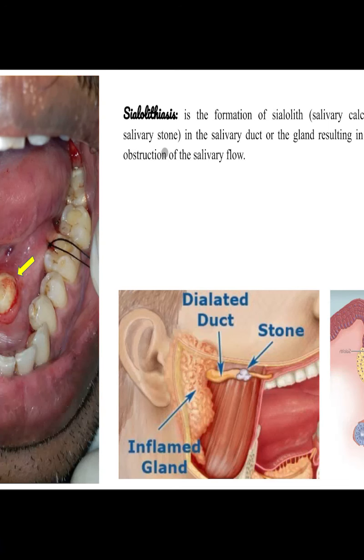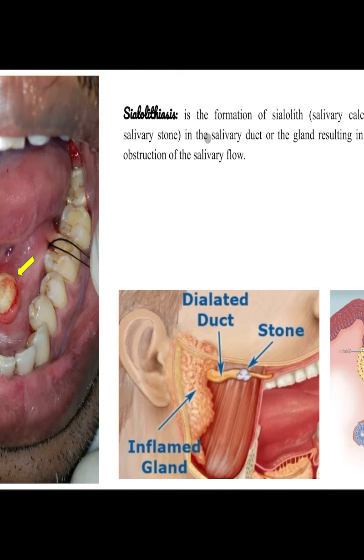Now, starting with the first one of the known diseases, sialolithiasis, also known as salivary stone. In this disease, we have the formation of salivary stone, which will result in the obstruction of the salivary flow. What is a salivary stone? It's a hard substance formed in the parenchyma of the duct, of either major or minor glands.